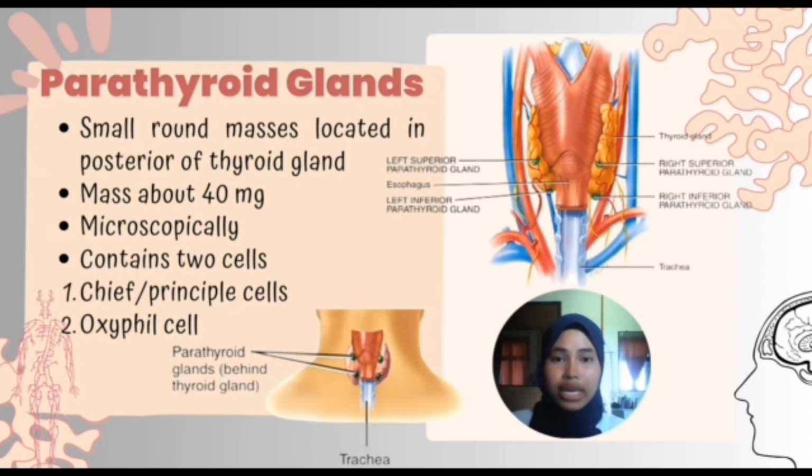As you can see, this is the overview of the parathyroid glands. There are the left superior, right superior, left inferior, and right inferior parathyroid glands.